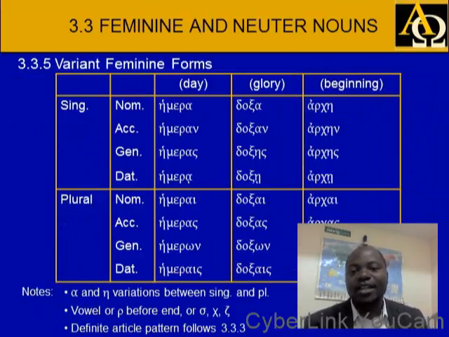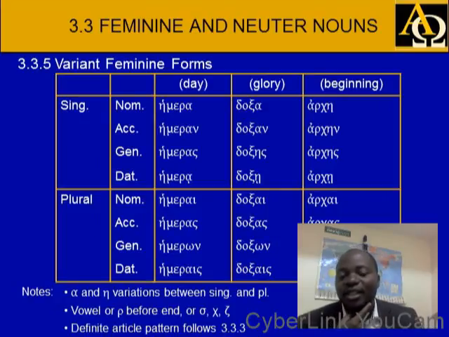And we have other variants of the feminine forms, apart from arche, which means beginning. We also have hemera and doxa. So hemera, hemeran, hemeras, hemera, hemerai, hemeras, hemeron, hemerais. Doxa, doxan, doxes, doxe, doxai, doxas, doxon, doxais.